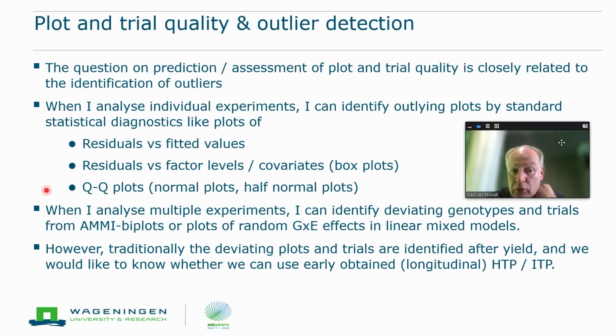We make QQ plots to check for normality, etc. If you have done some G by E analysis, you can look at AMMI biplots to figure out whether certain genotypes or environments are deviating from the rest. Of course, this we typically did in the past for experimental fields on which we observed yield or other traits when the experiment was done already, but now we hope that we can extract this kind of information early on.